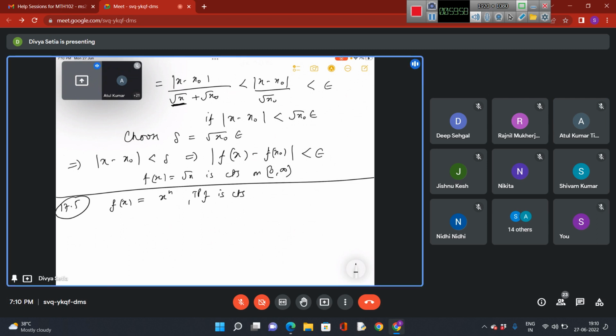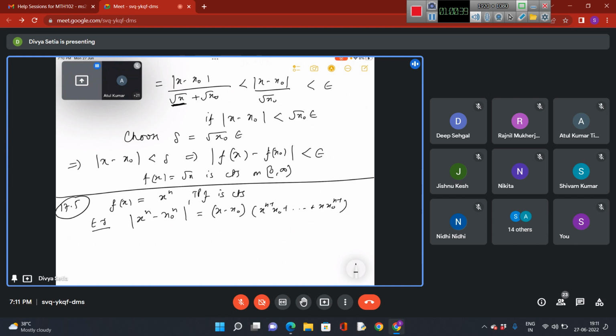So in the exam, you really have to make a choice whether you want to prove it by epsilon delta definition or by sequential criterion, and then you have to save your time. If you start proving it by epsilon delta definition, then you really require the binomial formula, and those who don't know the binomial thing cannot solve it. This will look like x minus x naught and then some power of this, such type of formula.